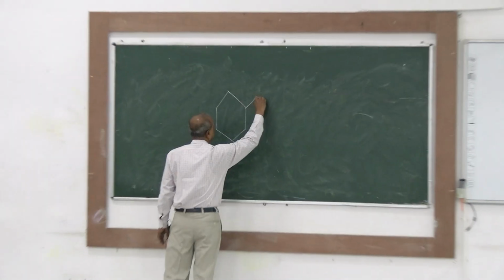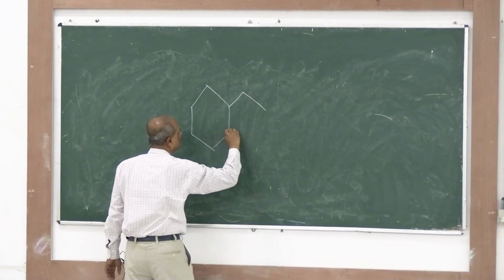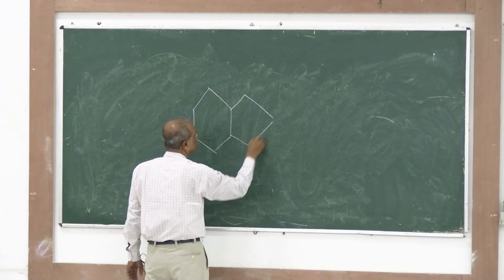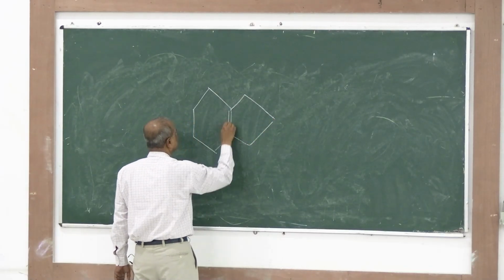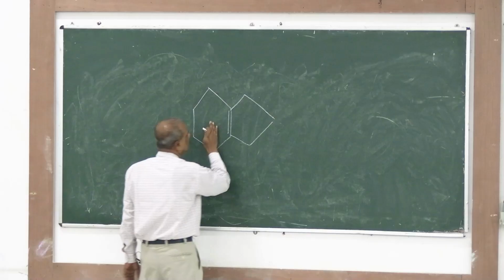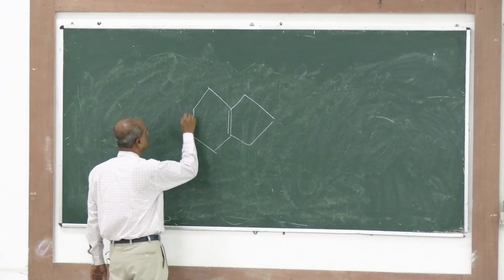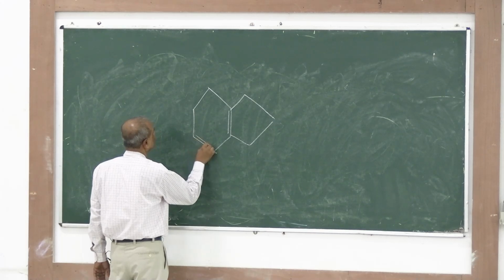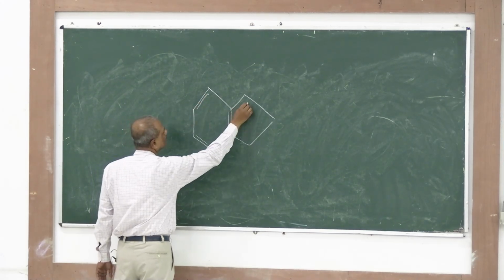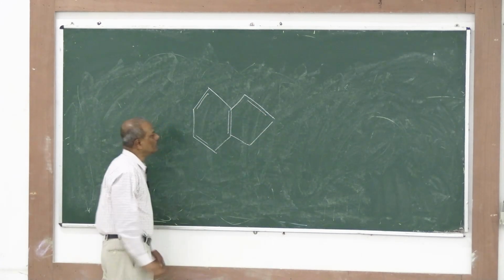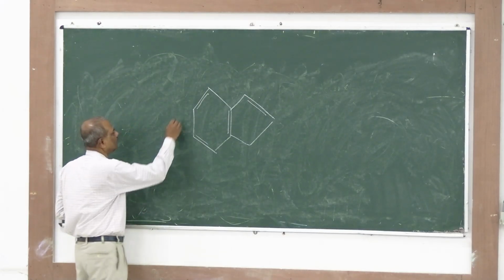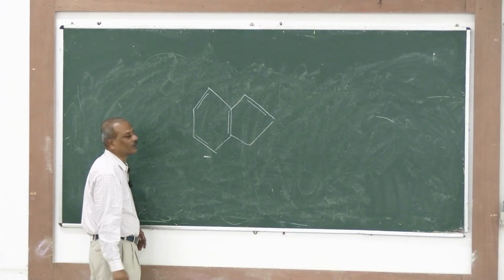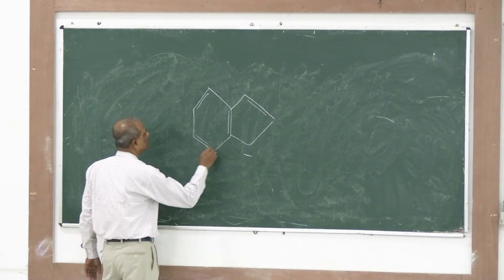It has an imidazole group, a 5-membered imidazole group, and a pyrimidine group. This is the pyrimidine group. This is the imidazole group.